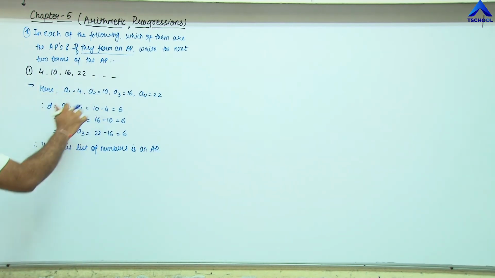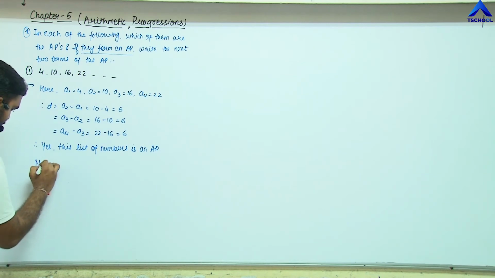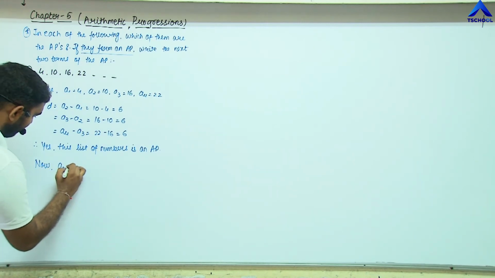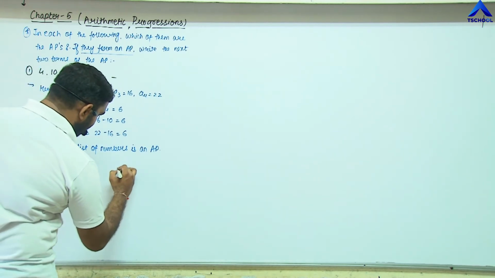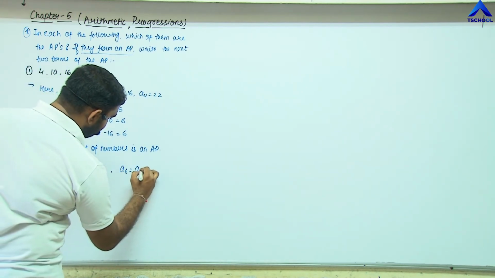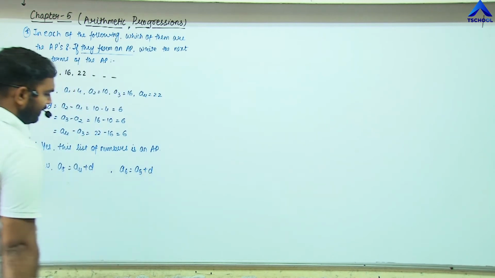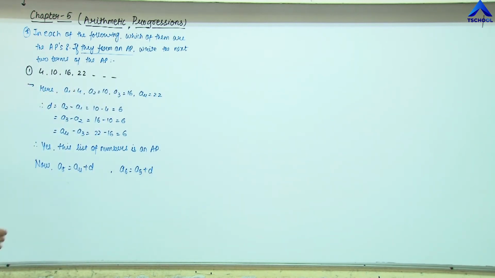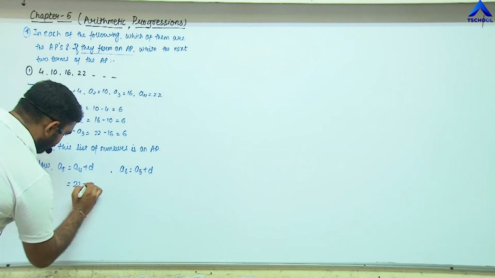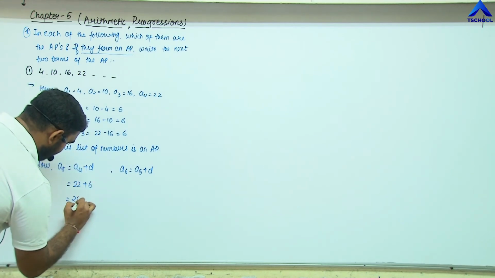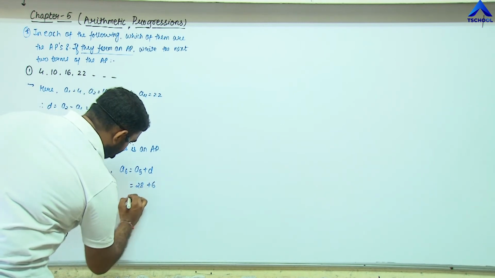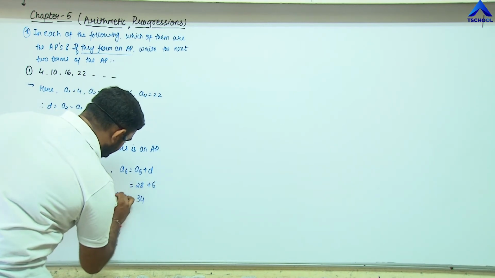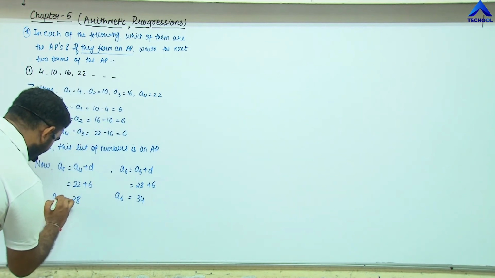So we were having four terms. Now a5 equals a4 plus d, and a6 equals a5 plus d. So we need to find this a5 first. What is a4? 22. So 22 plus 6 is 28, and 28 plus 6 equals 34.